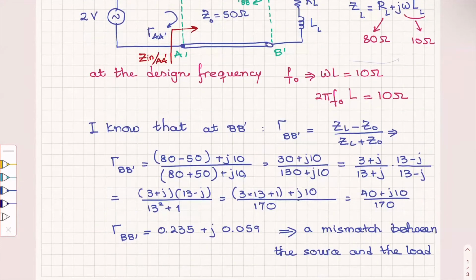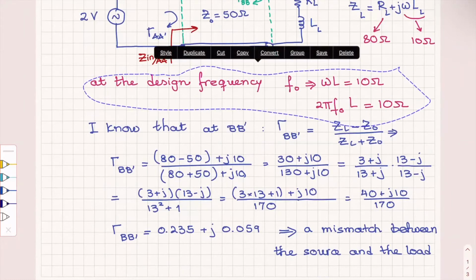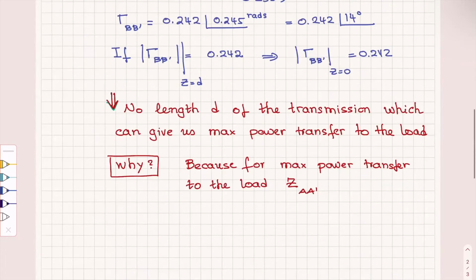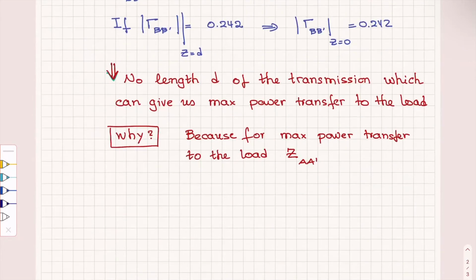Let me lower this a little bit. So you see that? Z input at AA prime has to be 50 ohms.